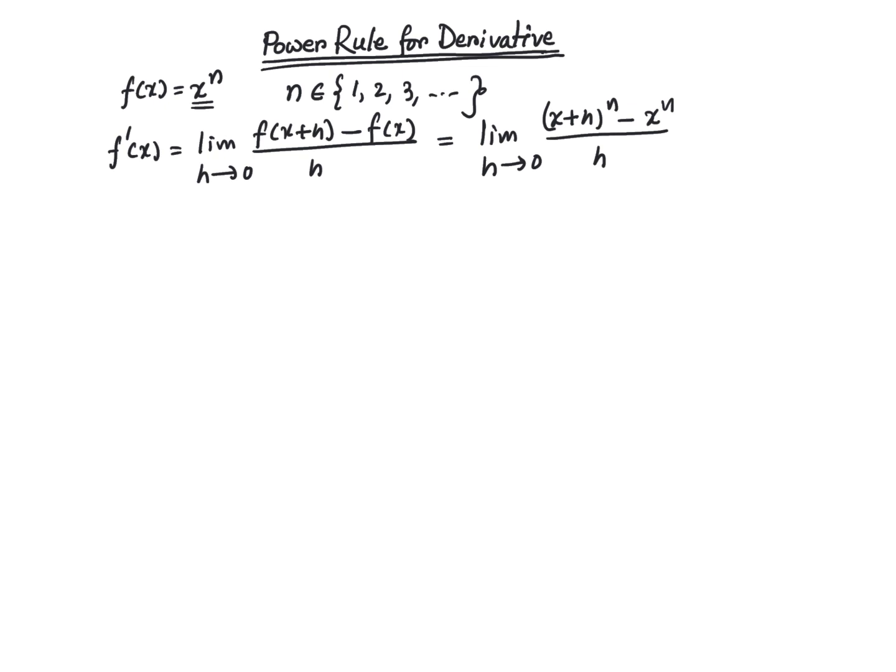To find this limit, we need to expand (x+h)^n by using something called the binomial theorem.